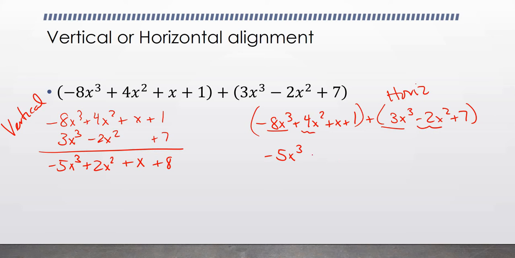X squared and x squared. There's only one x term, so I leave it, and then 1 plus 7 is 8. And I'll get the same answer. And I don't care which method you use, the vertical or the horizontal, as long as you keep track of your terms and your positives and negatives.